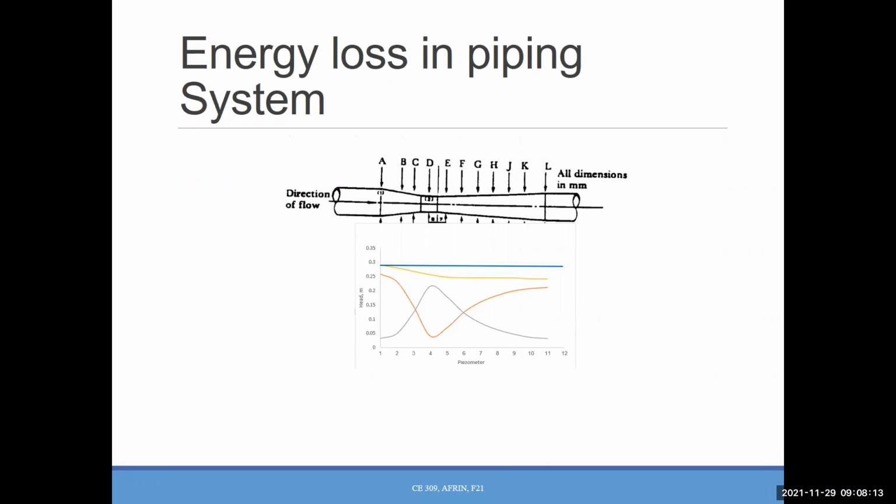For all of these 11 manometers, at first we knew the pressure head, and then using the diameter we calculated the area, and using the area and the known flow, we calculated the velocity head also, right?